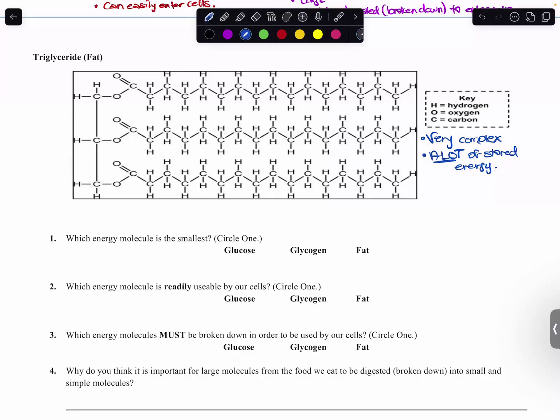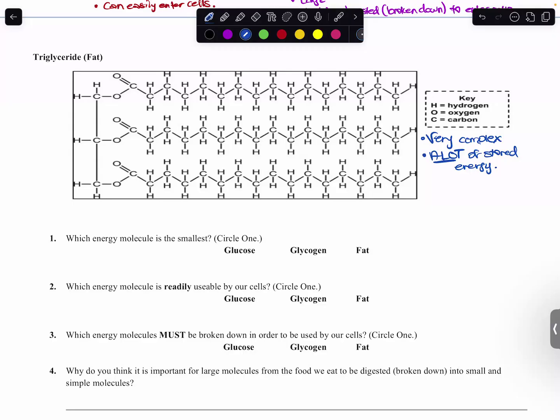Our body uses glucose and glycogen and sugars, carbohydrates in general first. Whenever we need energy, it's gonna burn up all of the sugar that we have. And then if we run out of sugar, we're gonna burn off the fat. That's why, in order for us to burn fat, if we want to maintain our weight or even lose some weight, we limit the amount of sugar and carbohydrates that we eat, right?